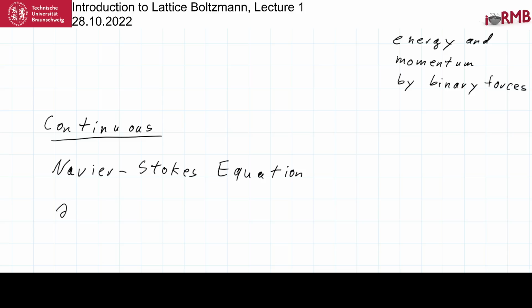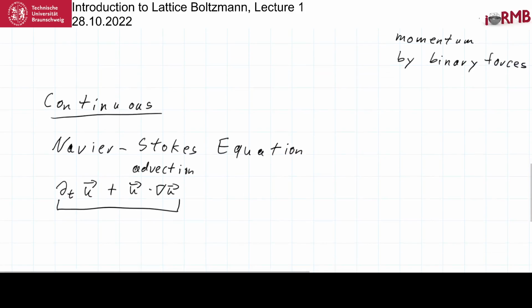So the Navier-Stokes equation is an equation of a velocity field, the time change in a velocity u, that comes with something that we call an advection term. So this thing here is advection. And the entire thing, how do you call this entire thing? Somebody?